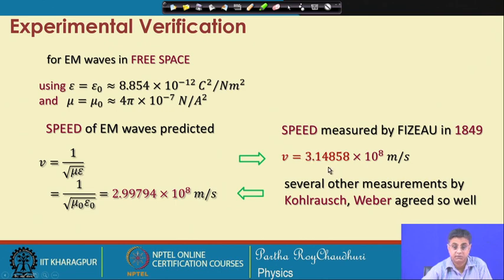So, there were several experimental measurements of the speed of light, and Maxwell simultaneously estimated the value of the speed of light, and these numbers were matching. By doing this he could establish that light is a form of electromagnetic waves.